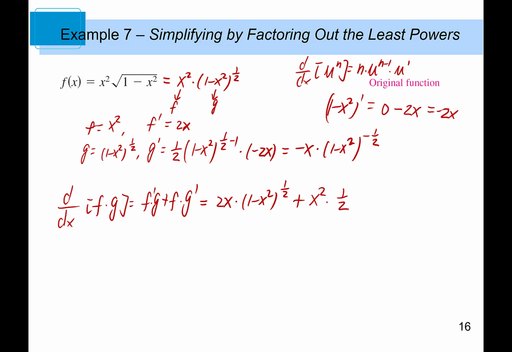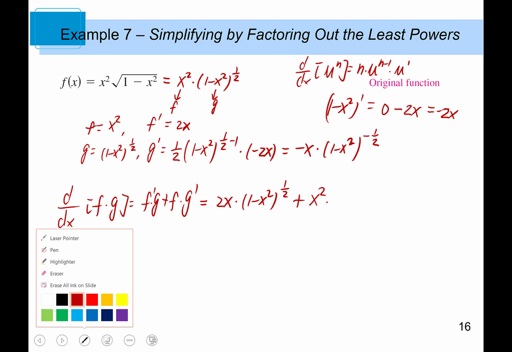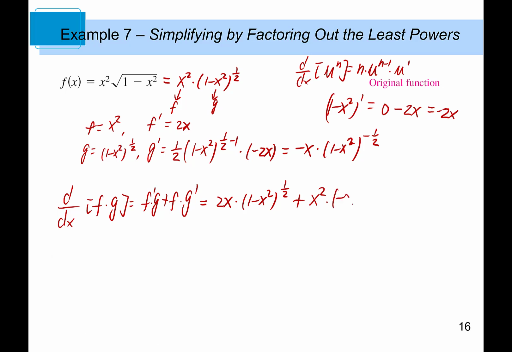We simplified that, so it should be negative x. Just use the simplified result, which is a lot easier. So negative x times (1 minus x squared) to the negative 1/2.